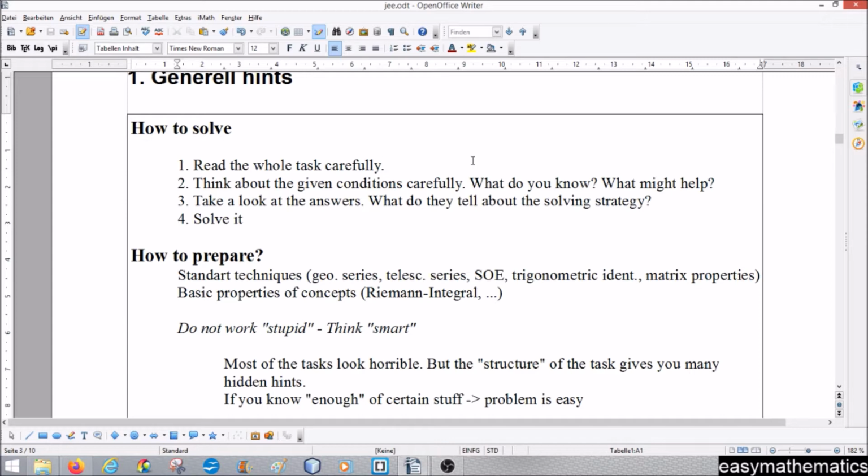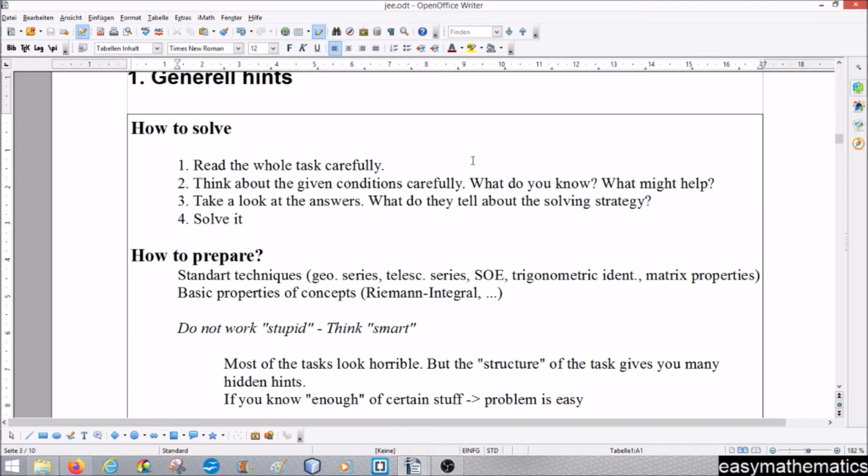And 4, solve the question. Most of the JEE Advanced questions, they look horrible in the first step, but if you think carefully, they are more or less straightforward. Okay, how to prepare?